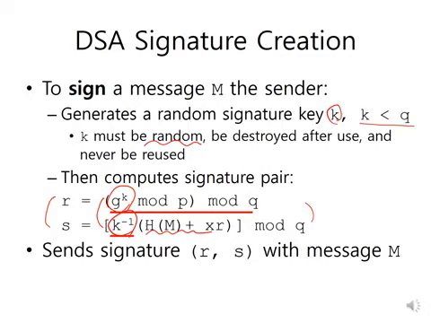So the computation of G to the K and finding the K inverse may require a lot of time compared to the other operations in the signature generation. So these are computationally demanding operations.